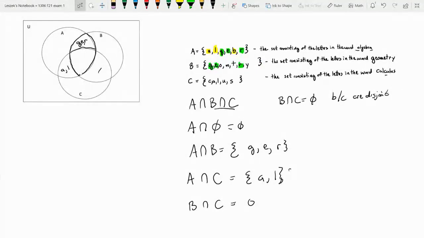Okay, so now that we've done the triple and the pairwise intersections, we can just go to the single sets, right?